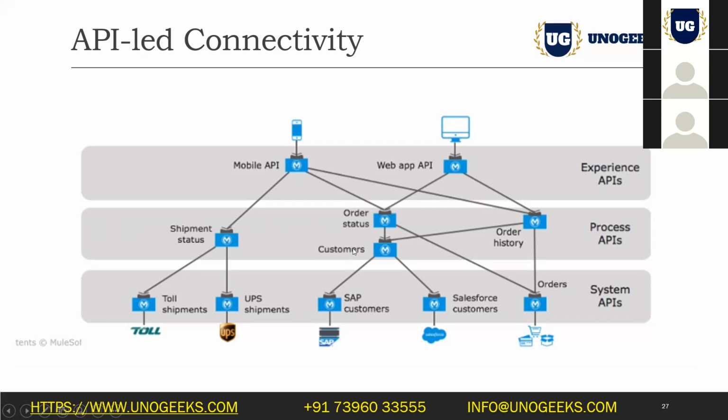So in future, if you want to talk to a system, we don't have to go back to the SAP customers. We can directly talk to the customers API. In the picture, it is clearly seen that the web application and the mobile application are directly contacting the customer APIs and they're not contacting the system APIs. Okay.